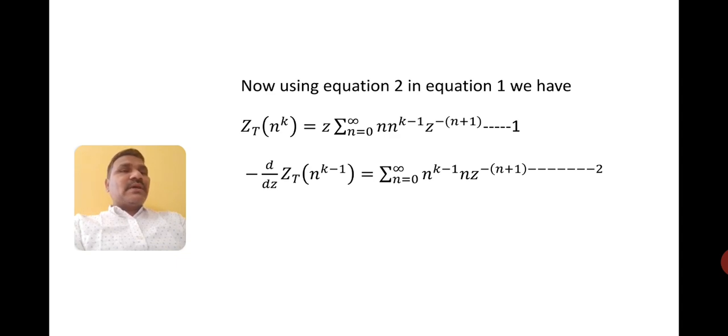In place of this summation, I will put the right-hand side of equation 2. Everything is the same, only z is missing. So I will rewrite this equation.